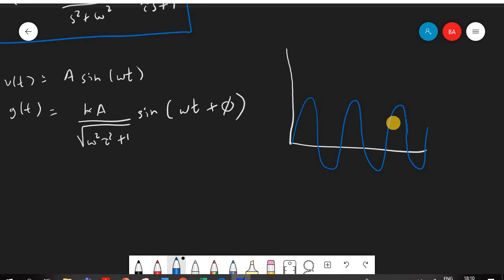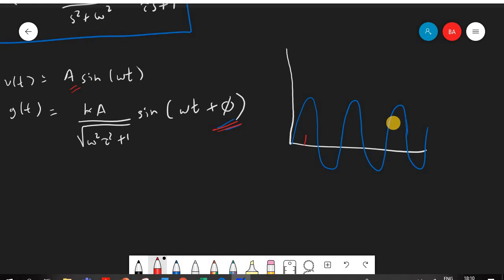And for the output, it will have a phase shift. Phase shift means that it's starting at a different position, and it's not only that, it also means that it has a different amplitude.